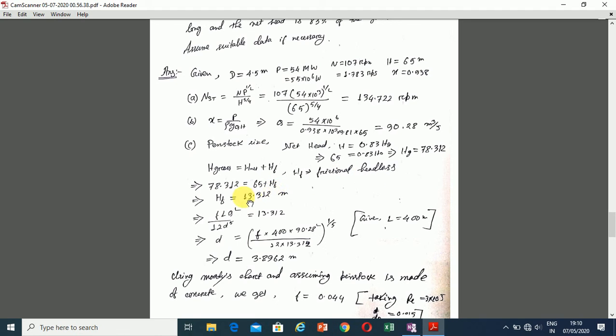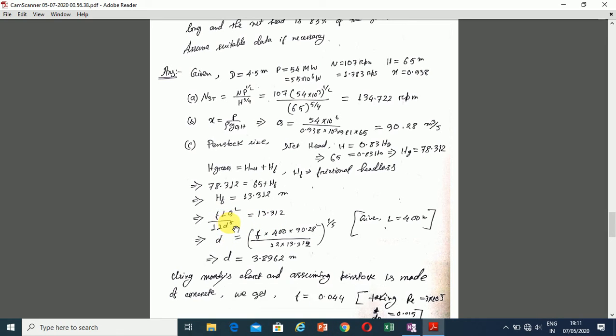From here we can find the frictional head loss, that is 13.312 meter. And from the Darcy-Weisbach equation, frictional head loss is equal to f L Q square divided by 12 D to the power 5.